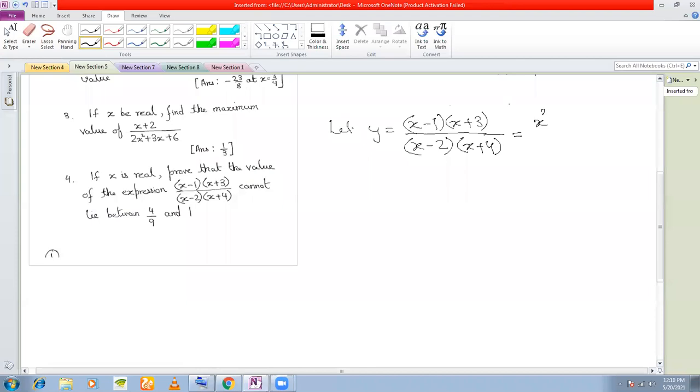You will get x square minus 4x plus 3 divided by x square plus 2x minus 8. Okay, now you cross multiply. You multiply by y throughout.